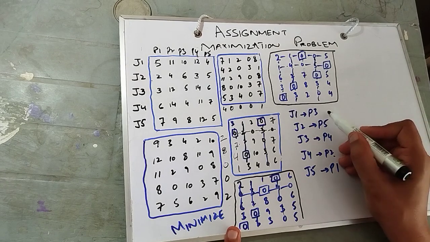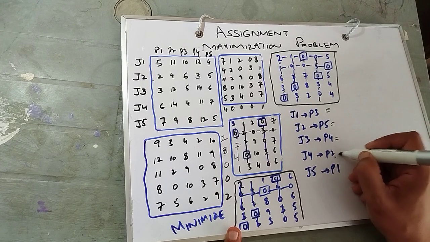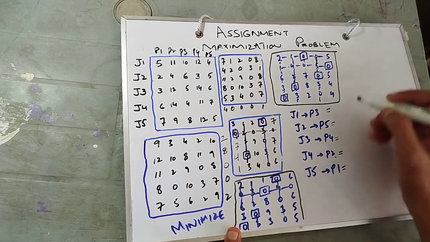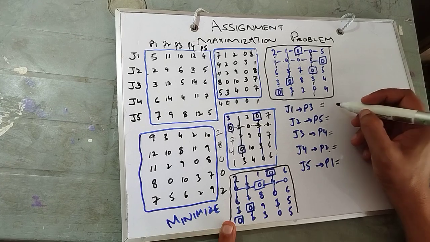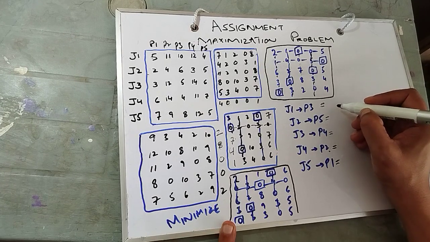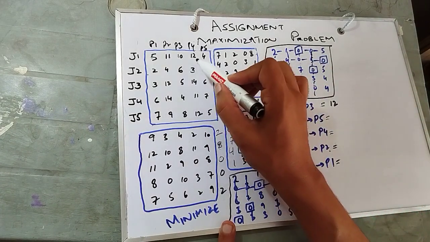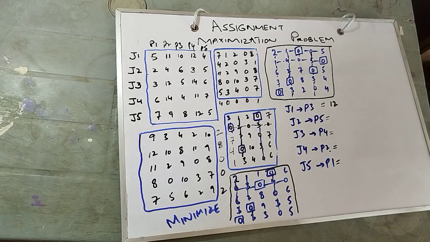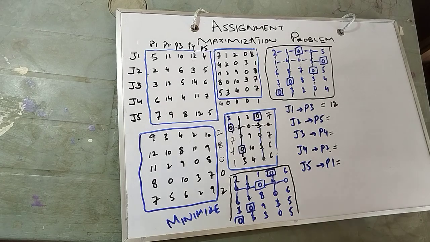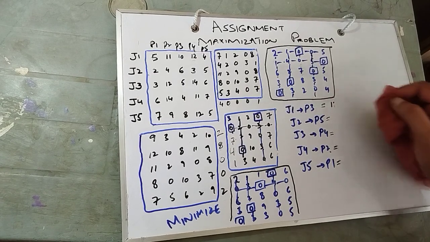And let me write the profit maximum value which we will earn by assigning these jobs to that particular person. 12 will be here. You see 12 is there. It's not 12. It's 10. Sorry.